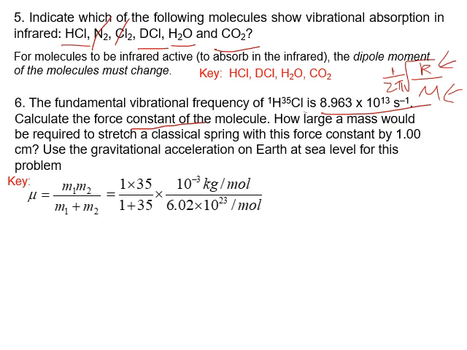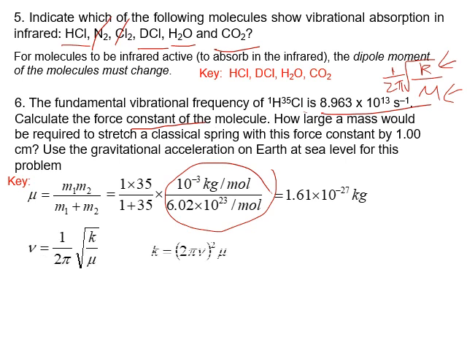Okay, so first calculate the reduced mass, and remember to change molar mass into grams per atom or per molecule. And so with this reduced mass, we can calculate the force constant, that is 510 kilogram per second squared.